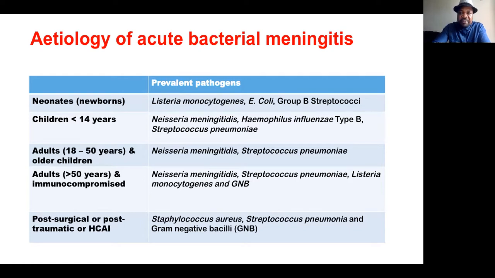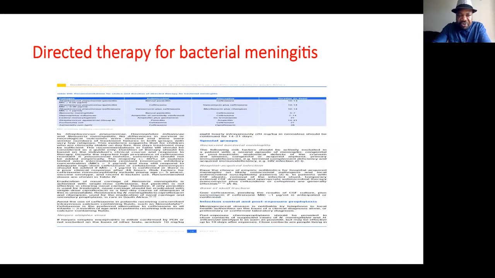It will depend mainly on the age of the patient. The treatment is better as a directed therapy for bacterial meningitis, so try to see if you can get the antimicrobial susceptibility result.